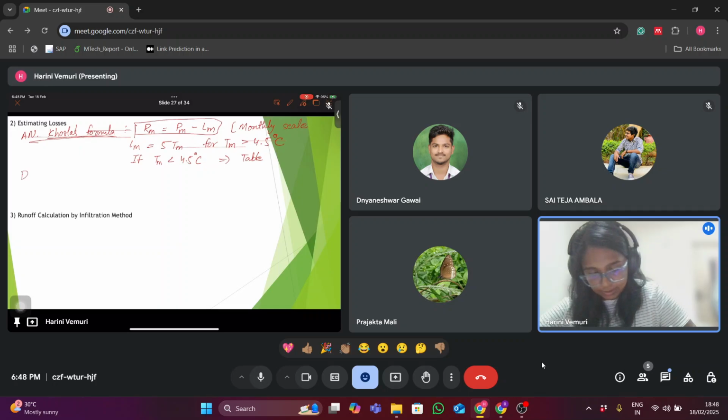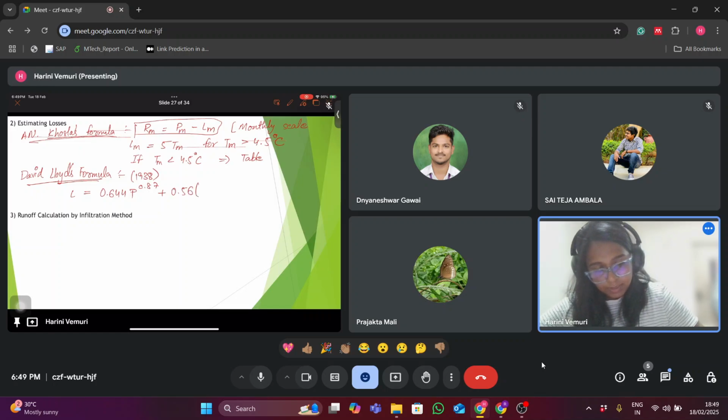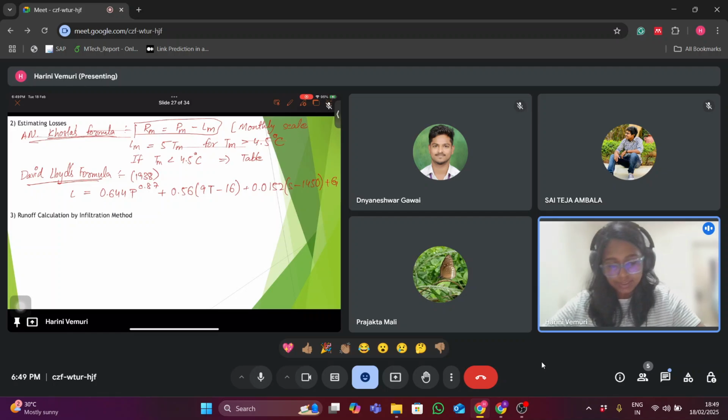So another formula is given by Davis in 1938, and the formula is L equal to 0.644 P power 0.87 plus 0.56 into (90 minus 16) T, where T is the annual mean temperature, plus 0.0152 into S minus 1450 plus G. So here all the terms are in annual scale.